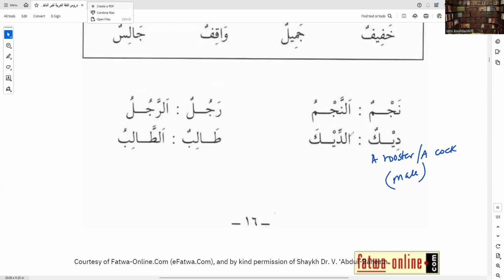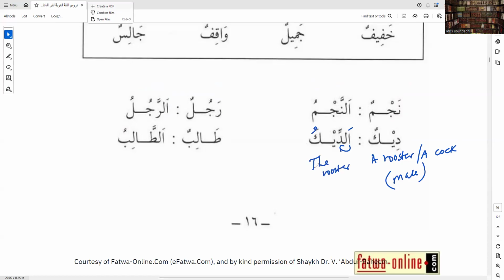And then ad-deeku. And another thing that you need to know is that even if there's no vowel on the alif here, you always assume it's fatha. Never read it as kasra or damma. It's ad-deeku, the rooster.